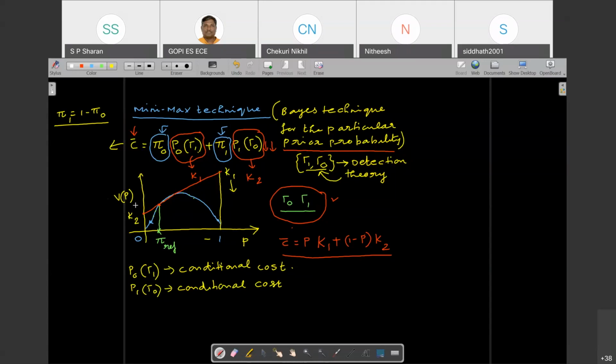This is a discrete case, the piecewise linear model. But the idea is the same.